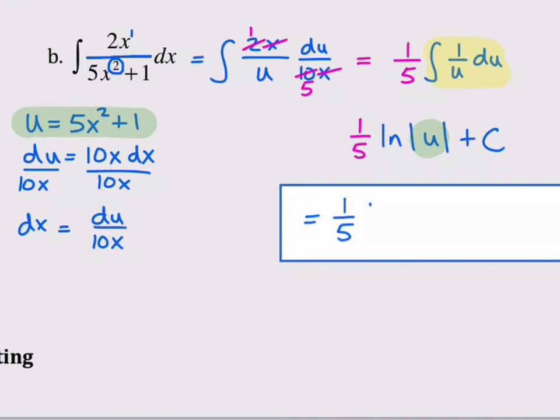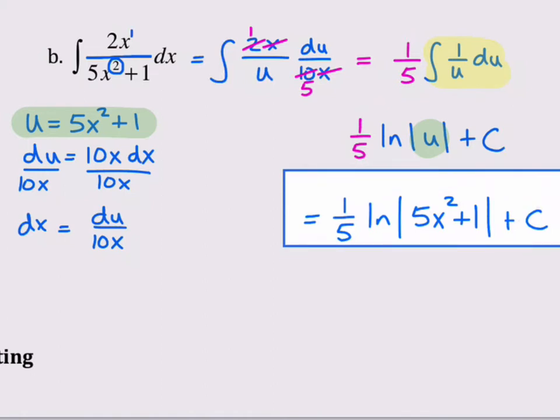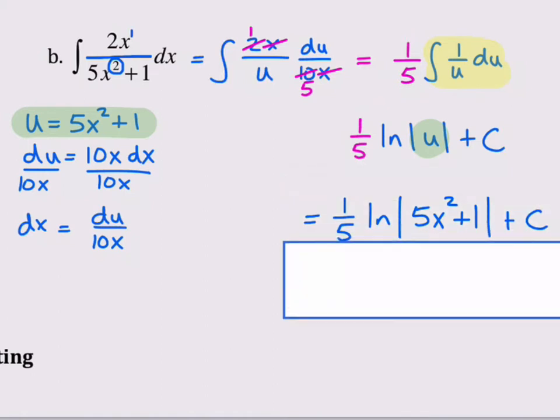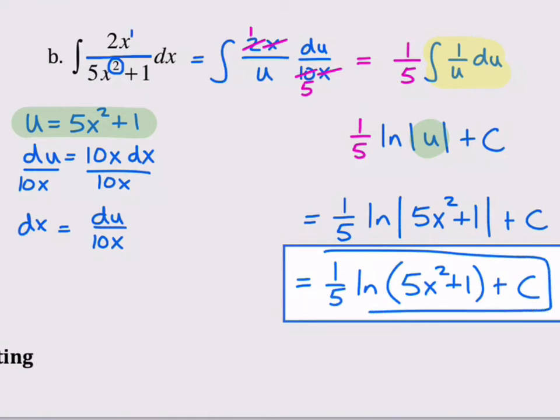So we have 1/5 natural log absolute value of 5x squared plus 1, and then plus c. Now because u is actually always positive, because x squared is positive, and then plus 1 keeps it positive, we don't have to use the absolute value symbol here. We can actually just write 5x squared plus 1 in parentheses. And here is your final answer.